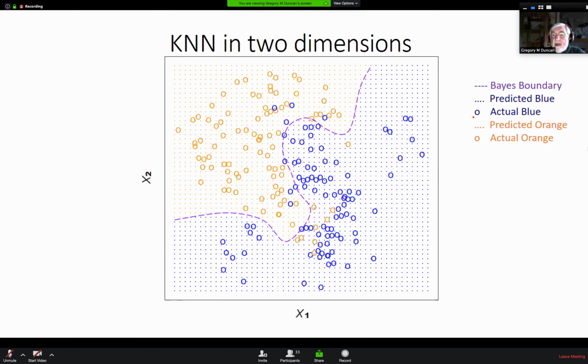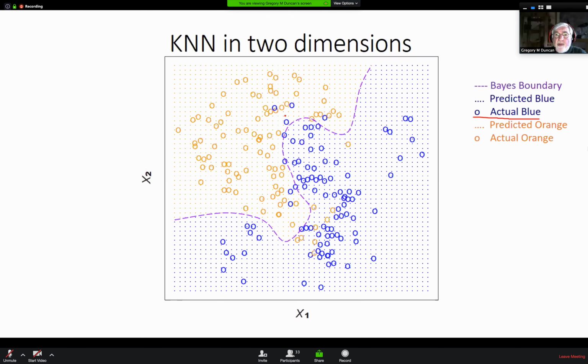Now, the O's are the actual observations. So even if you perfectly know the probabilities, remember you perfectly know the probabilities to get this Bayes probability line, there are going to be some mistakes. There are going to be some errors.